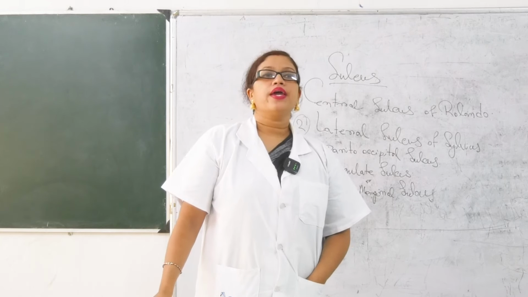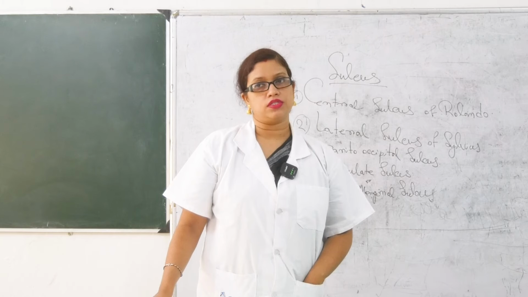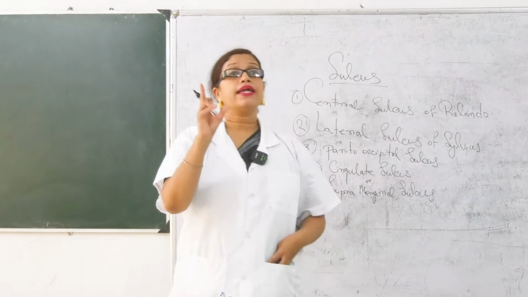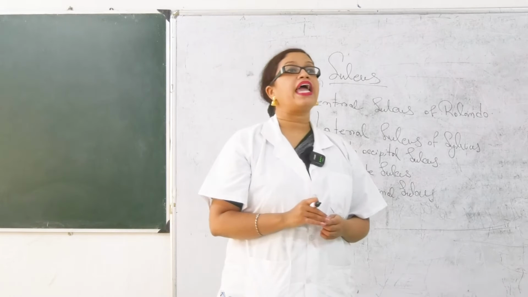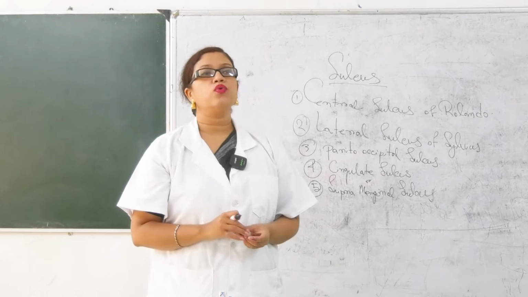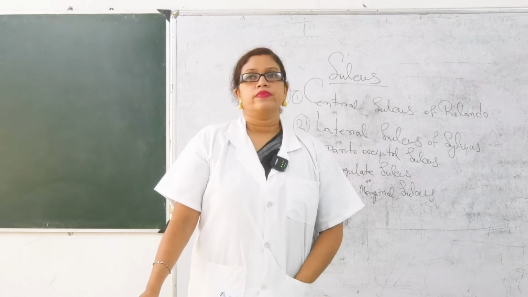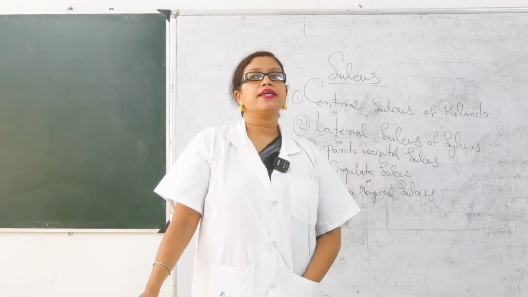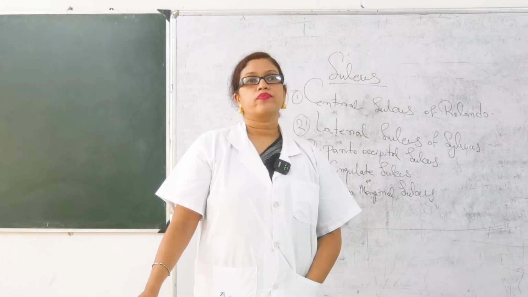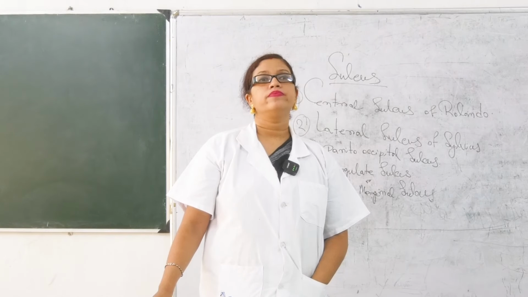So additionally, how many sulci did we get? Pre-central sulcus and post-central sulcus. Another sulcus you have to remember is known as the angular sulcus. Now the question is, where will you get the angular sulcus, where it is making an angle?